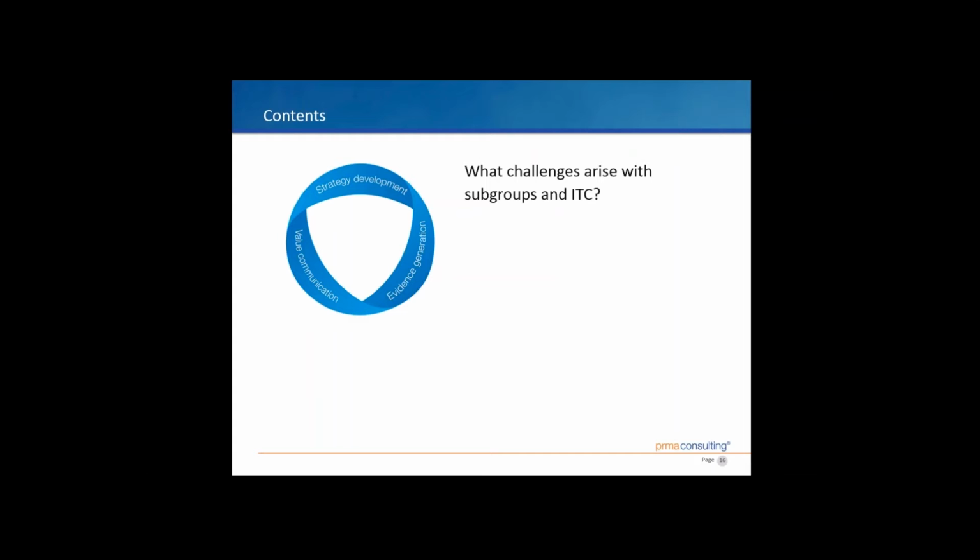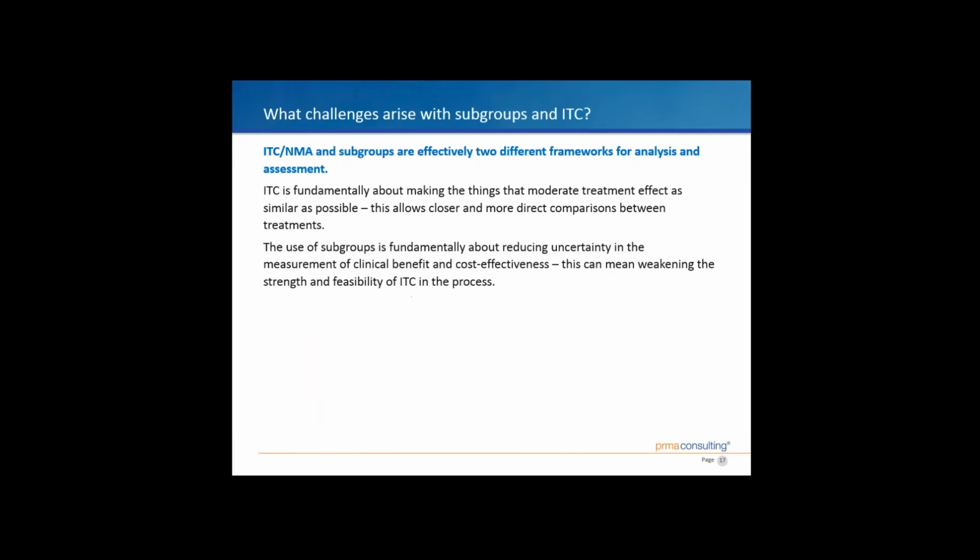So with that sort of introduction in mind, I want to pick up on the nature of the challenges that arise. And this is an important thing to translate. As I said at the start, ITC and subgroups are effectively two different frameworks for analysis and assessment. You can think about ITC fundamentally as being about making as similar as possible the things that moderate treatment effect.